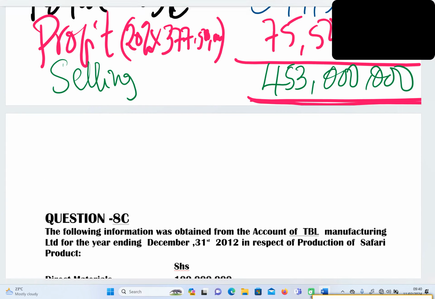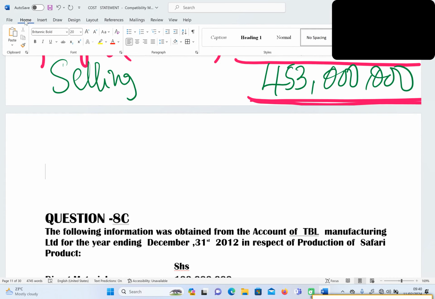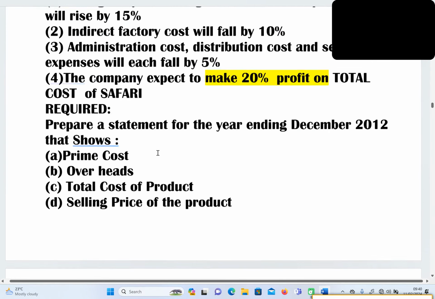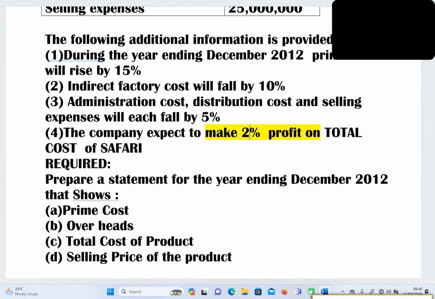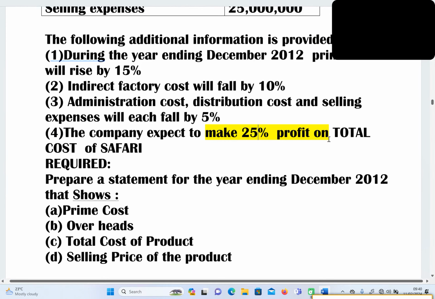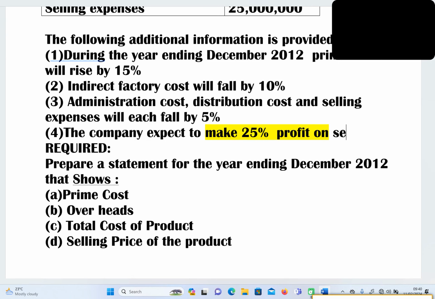Alafu nitakueleza. Kwa mfano hapa nikibadilisha hapa make 24 nikiandika hapa 25% profit on selling price. Swali inakuwa ni lingine.